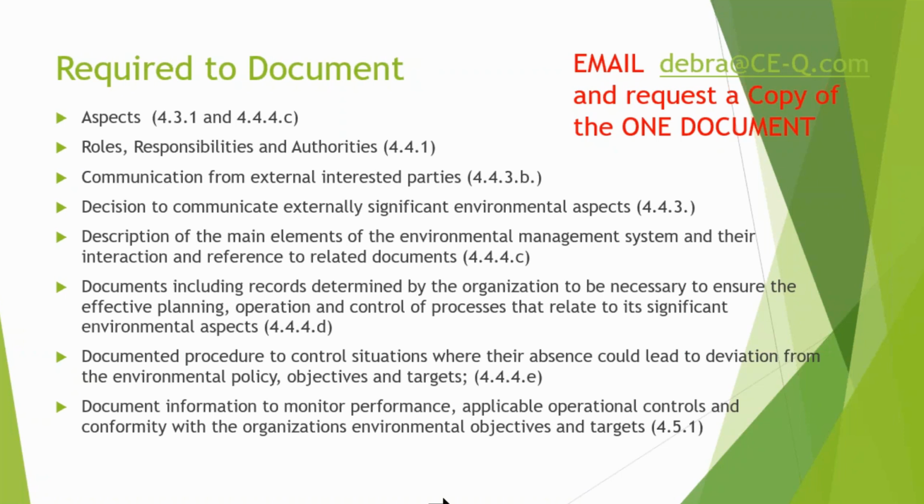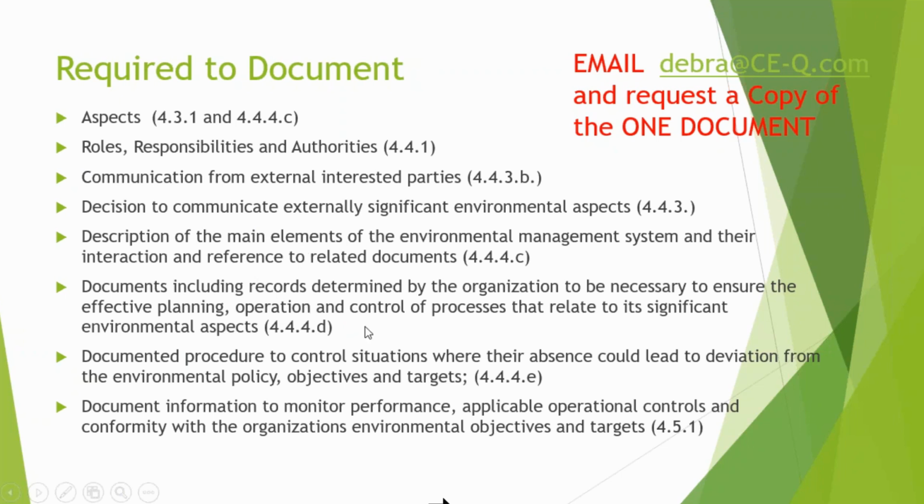We also have to document our aspects, the roles, responsibilities, and authorities, communication from external interested parties, decisions to communicate externally significant environmental aspects. So there are things that we still need to document. The main elements, which is what we've just done.